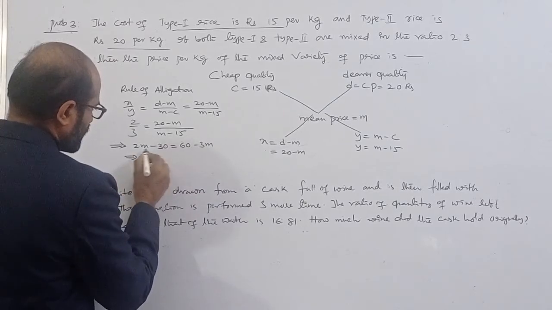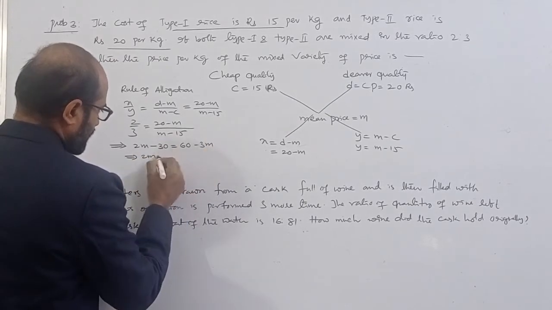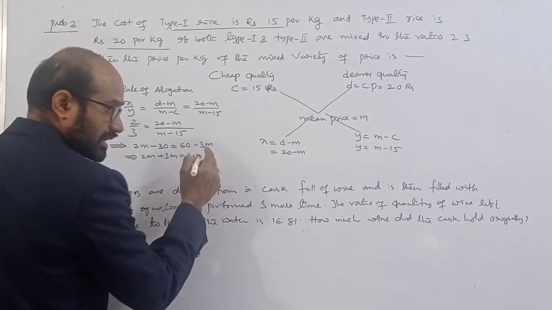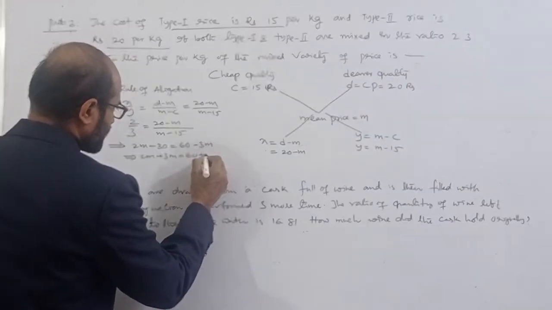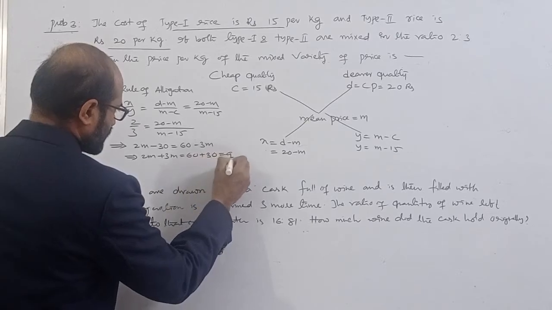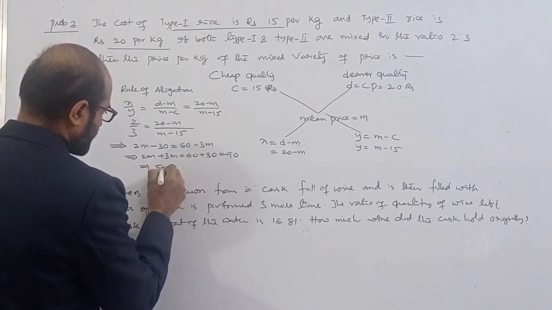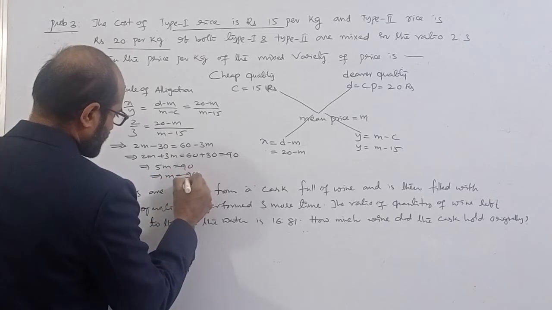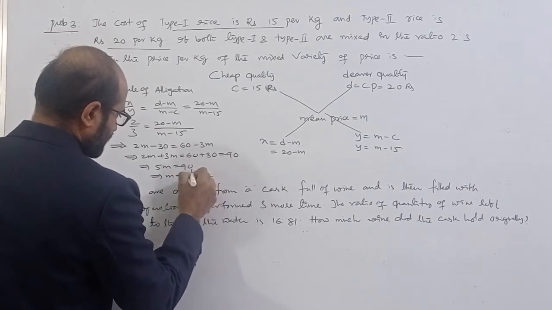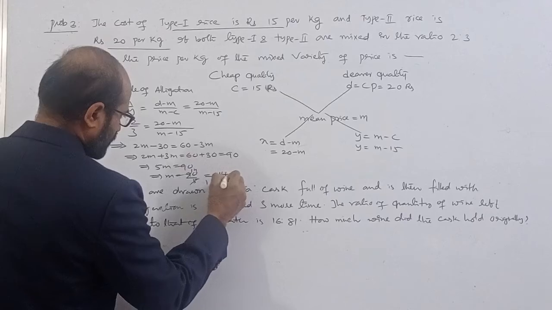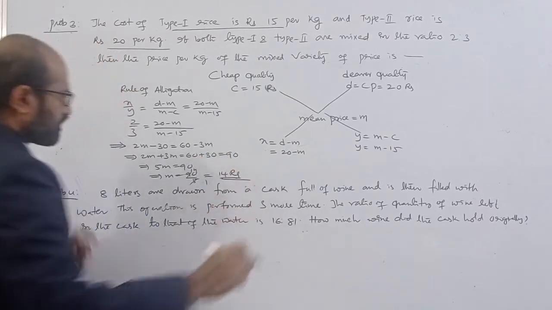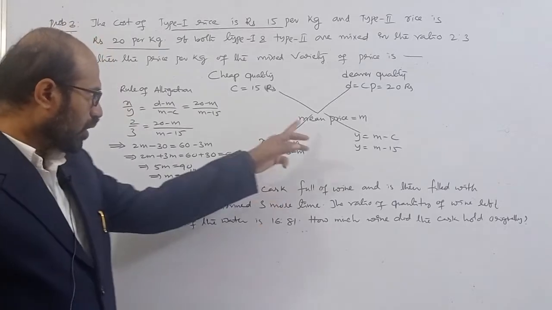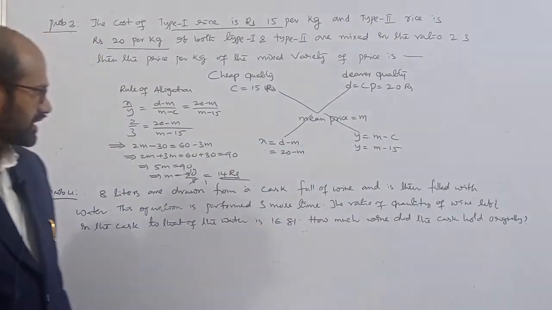So 2M plus 3M equal to 60 plus 30, which is equal to 90. This implies 5M equal to 90, so M equal to 90 by 5. 5 ones are 5, 5 fours are 20, so it is 18 rupees is the mean price, right?